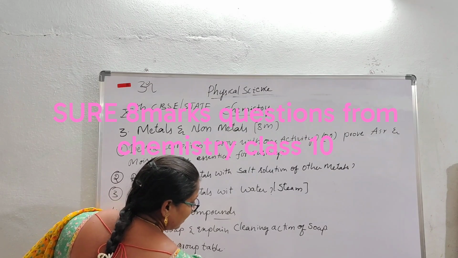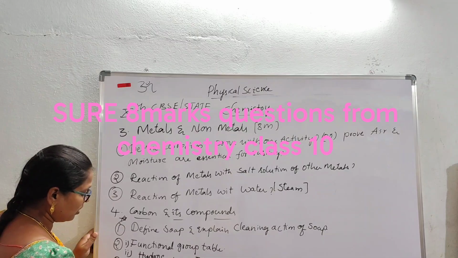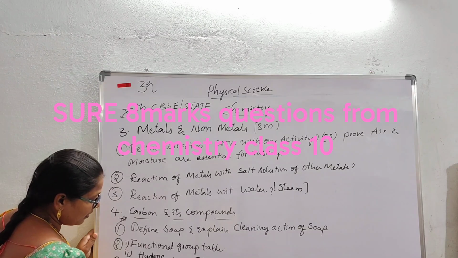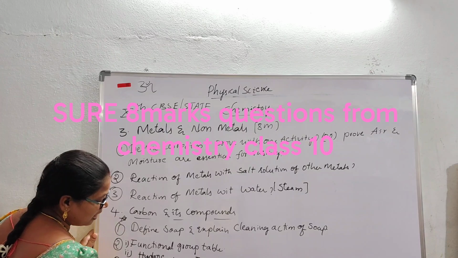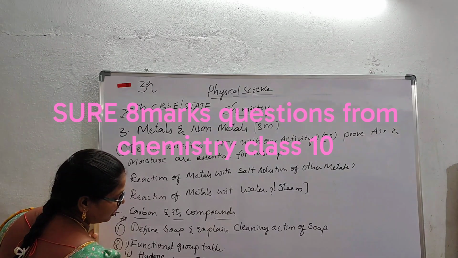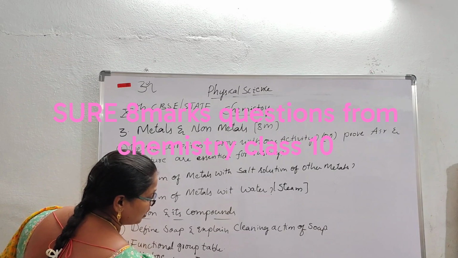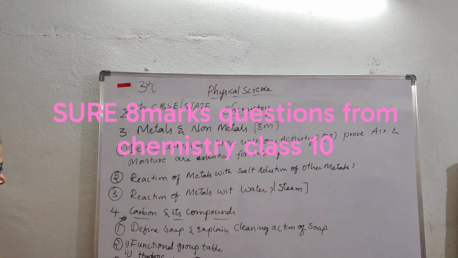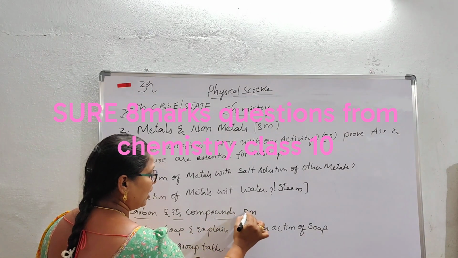Last question, preparation of ester activity. So these are the questions. Most probably they ask from carbon compounds. So from carbon and its compounds we have 4 8-mark questions.